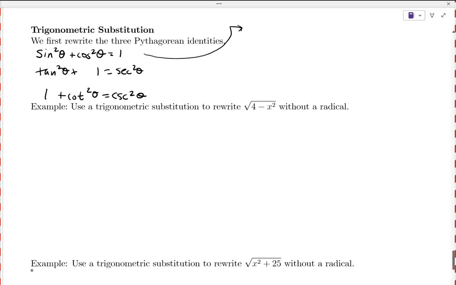If I do 1 minus sine squared, we get cosine squared. So if I can write something with a 1 minus sine squared in it, I can replace that with cosine squared, and then I can do the square root. Okay? So let's look at this first example, and then I'll go back to the other 2.